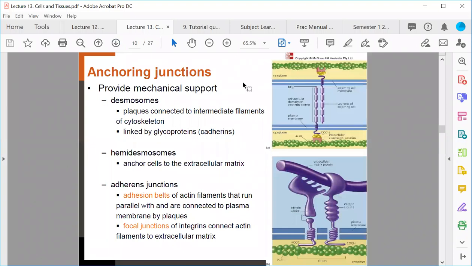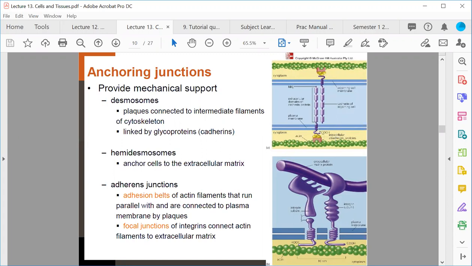Now we move on to anchoring junctions. So these provide mechanical support. There's different types of anchoring junctions. As you saw on one of the previous slides, there are desmosomes, there are hemidesmosomes, and there's different types of adherens junctions. All right, and we can see some examples here. So here's part of one cell in yellow and part of an adjacent cell down here.